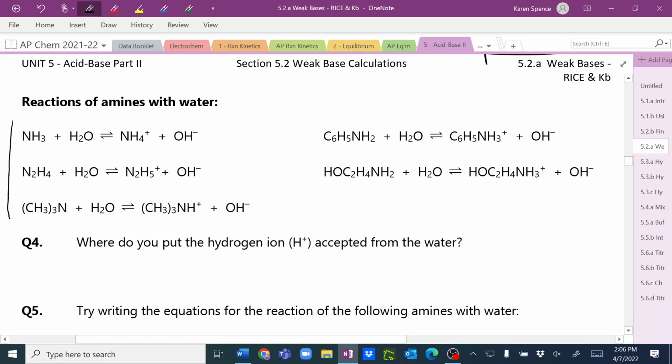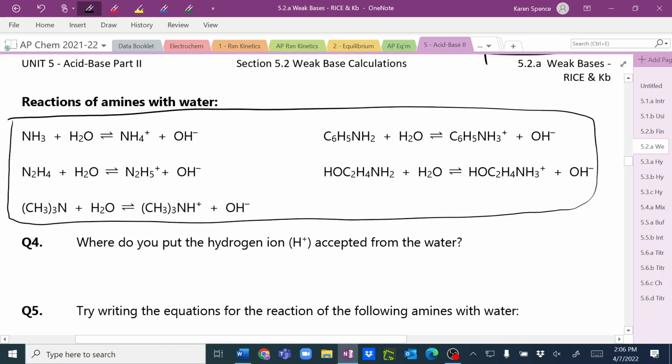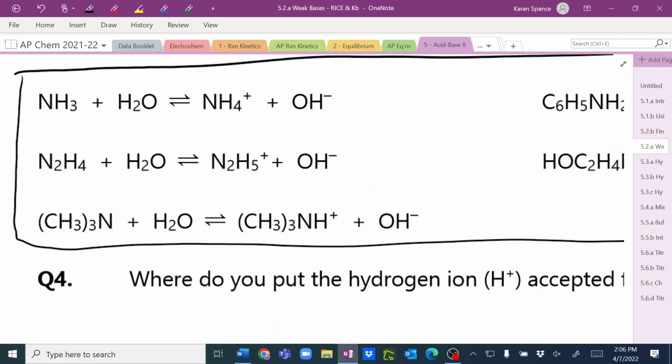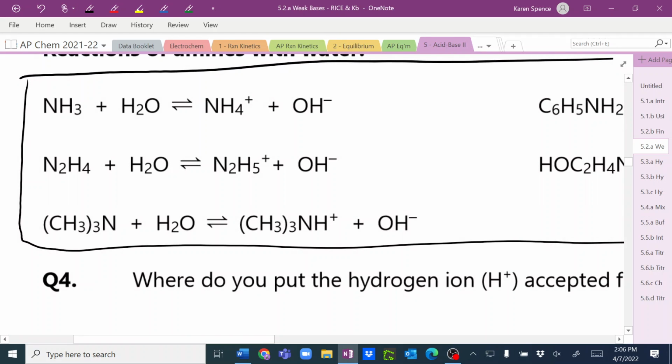So look at all these reactions and tell me, where do you put the hydrogen from the water? Who does it attach to?